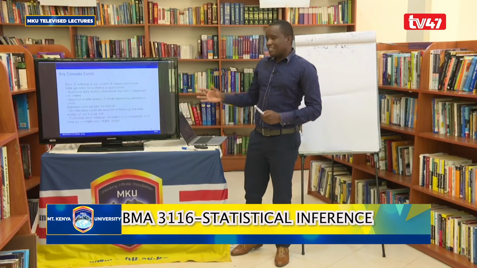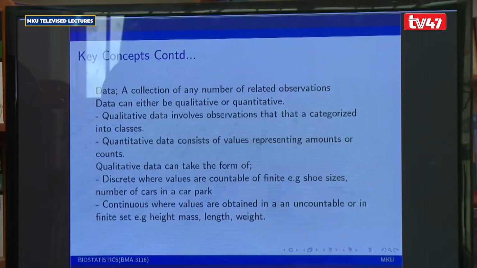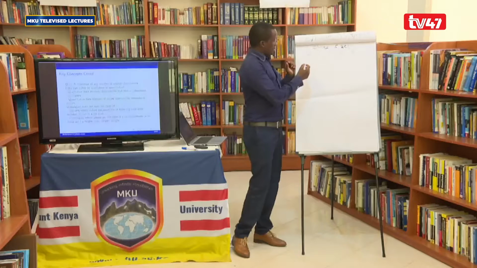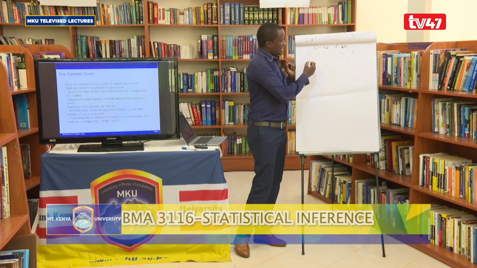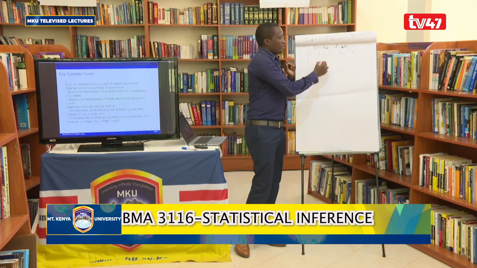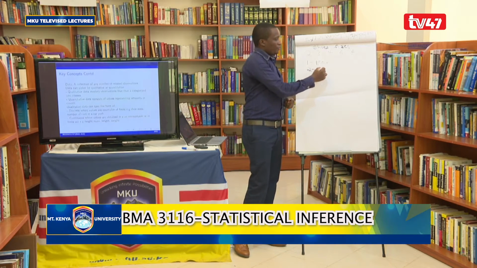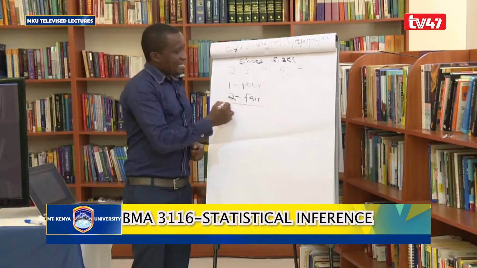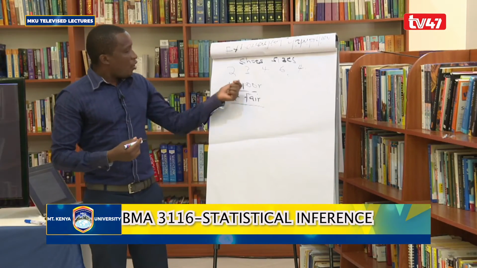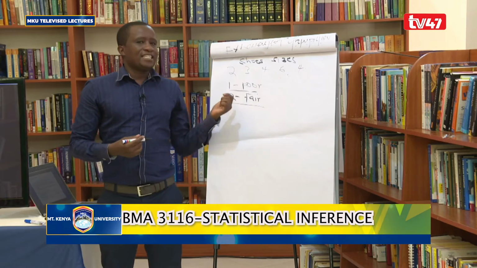Then data can be either qualitative or quantitative. In qualitative data, values are ordered in a certain manner that gives meaning. For instance, you can have 1 to represent poor, 2 fair, and so on, such that there is some order in which these numbers give information.